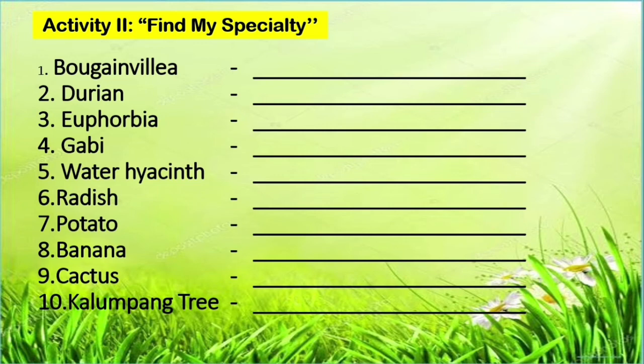Let's check. Okay, what do you think is the specialty of bougainvillea? Very good. It's the stem. How about durian? Correct. It's the fruit. How about euphorbia?